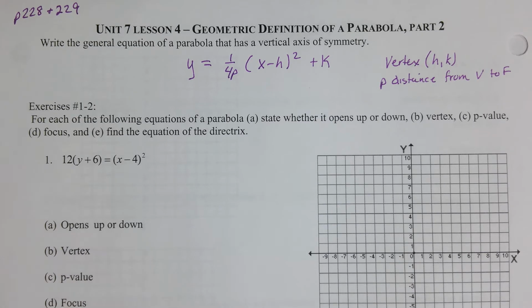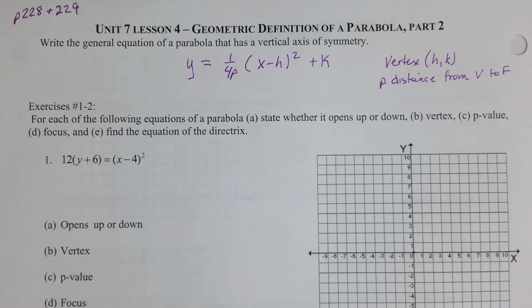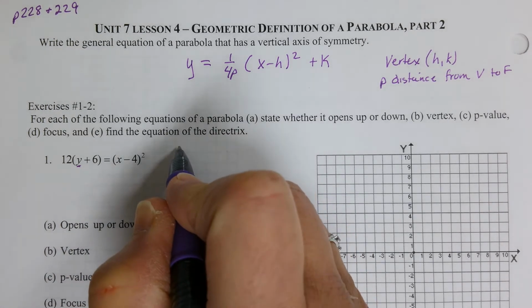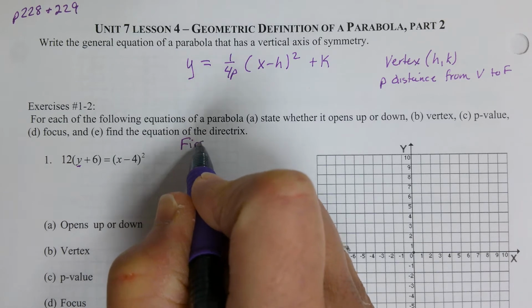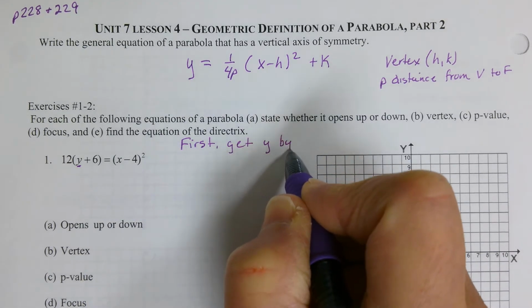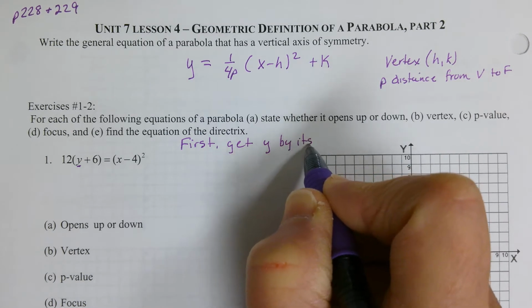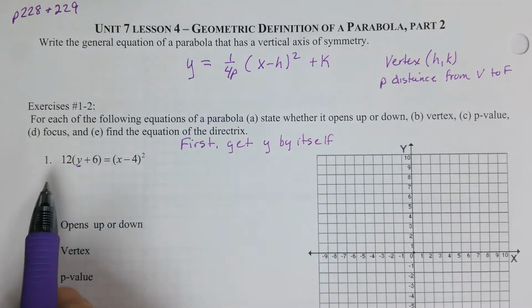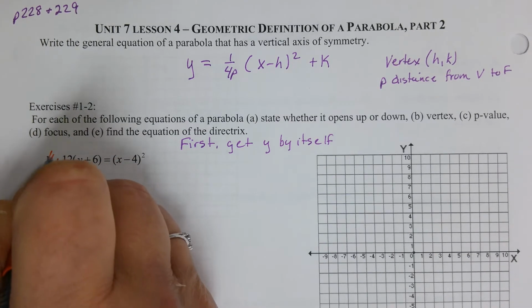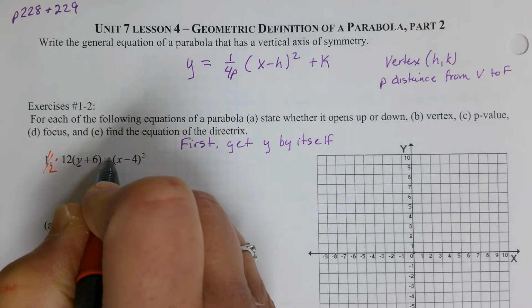Number 1, 12 times y plus 6 equals x minus 4 squared. We need to get y by itself. Don't distribute the 12, rather multiply both sides by the reciprocal 1/12.